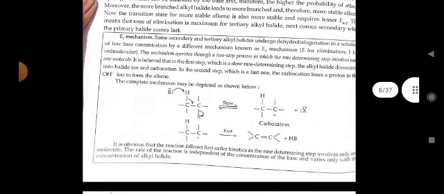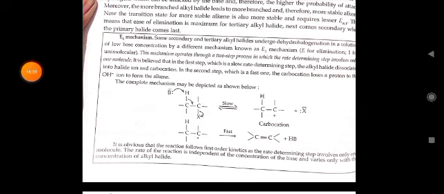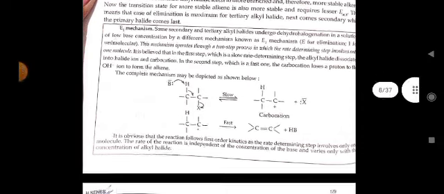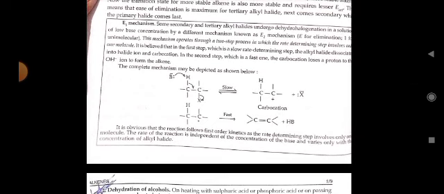E1 mechanism. Some secondary and tertiary alkyl halides undergo dehydrohalogenation in a solution of low base concentration by a different mechanism known as E1 mechanism, E for elimination, 1 for unimolecular. This mechanism operates through a two-step process in which the rate determining step involves only one molecule.